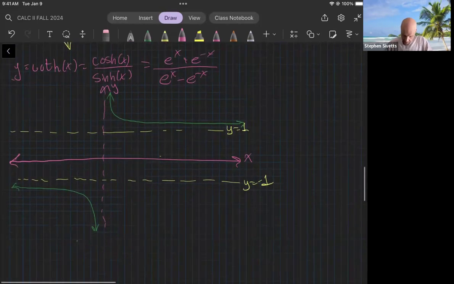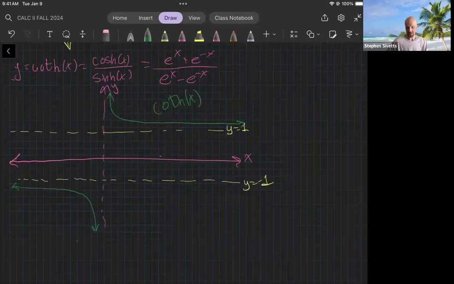So the graph in green here is hyperbolic cotangent of x. Hyperbolic cotangent. So yeah, that would be the graph for hyperbolic cotangent. So hopefully that made sense.